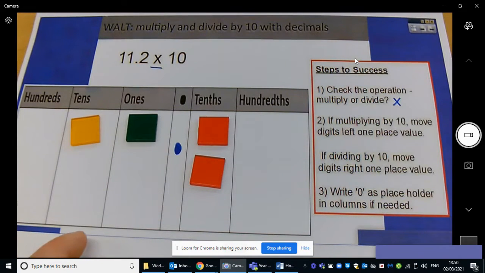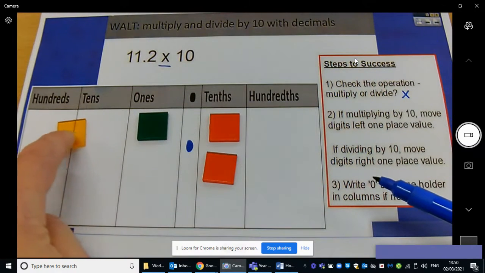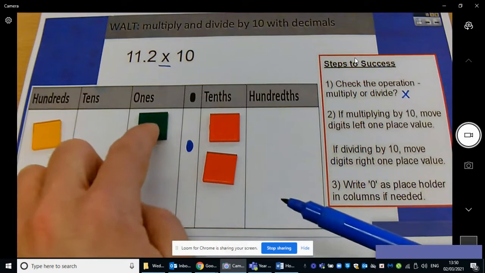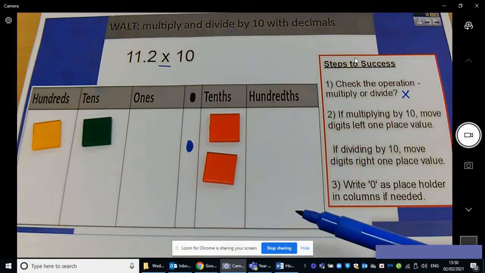So using this chart should make it really nice and clear. If we're multiplying by 10, we move each number left 1 place value. So we'll start with the tens. So that 10 is going to become 100. The 1 one is going to become 10.